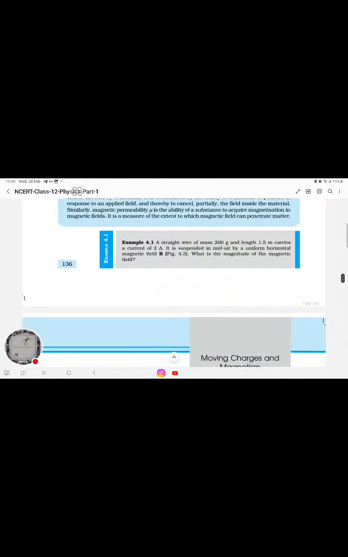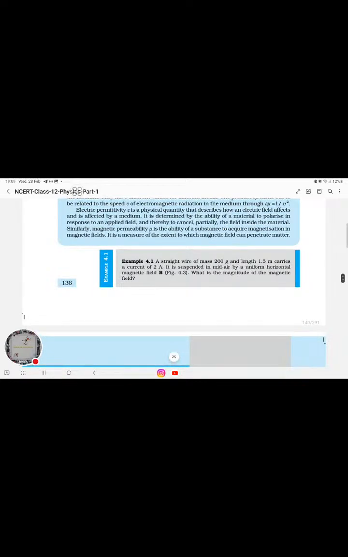Okay, fine. So we have certain examples here. A straight wire of mass 200 gram and length of 1.5 meters carries a current of 2 ampere. So the current is 2 A, the length is 1.5 meter and the mass is 200 grams, which is 0.2 kg. It is suspended mid-air by a uniform horizontal magnetic field. What is the magnitude of the magnetic field?